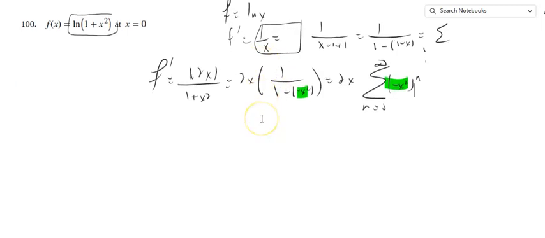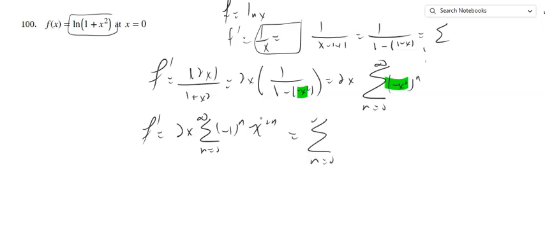So now I have a representation for f prime, which is 2x times the series n equals 0 to infinity, negative 1 to the n power x to the 2n, and if I combine those, I'm really looking at this series: negative 1 to the n power times 2 times x to the 2n plus 1. When you multiply like terms, you combine the powers.